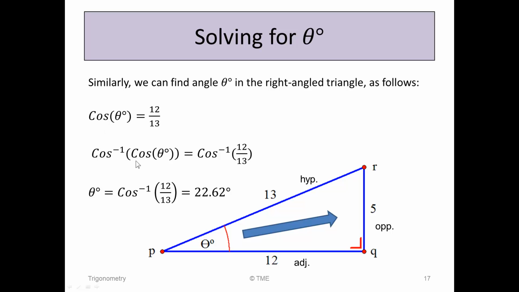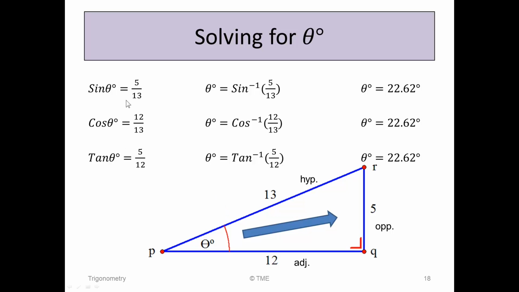On the left-hand side, we'll have to do the inverse cos of the right-hand side. These two will cancel, leaving theta equals the inverse cos of 12 over 13. On a calculator, 12 divided by 13, function inverse cos, gives us 22.62, the same as before.